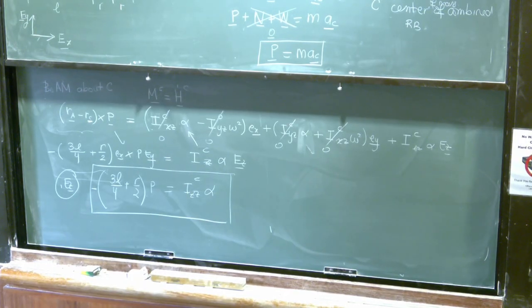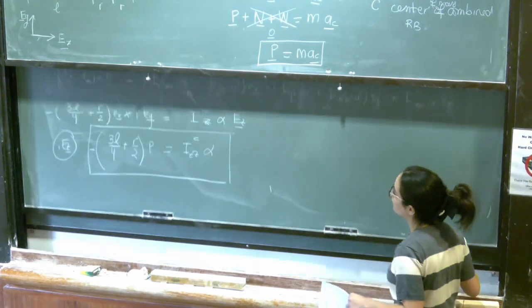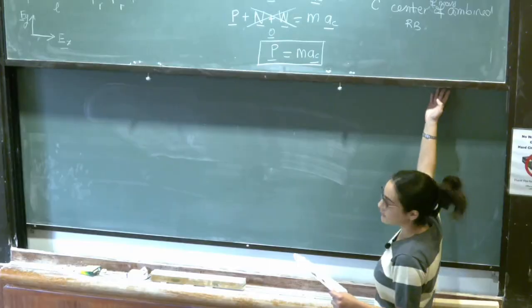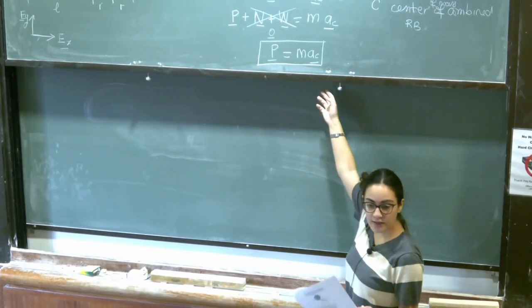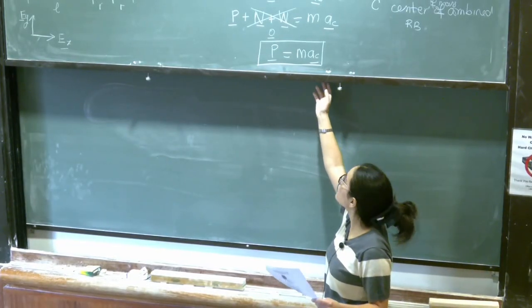Okay. But how do we solve this problem? Take a minute, come up with a strategy while I erase and draw it on the board. How do we start solving this problem?